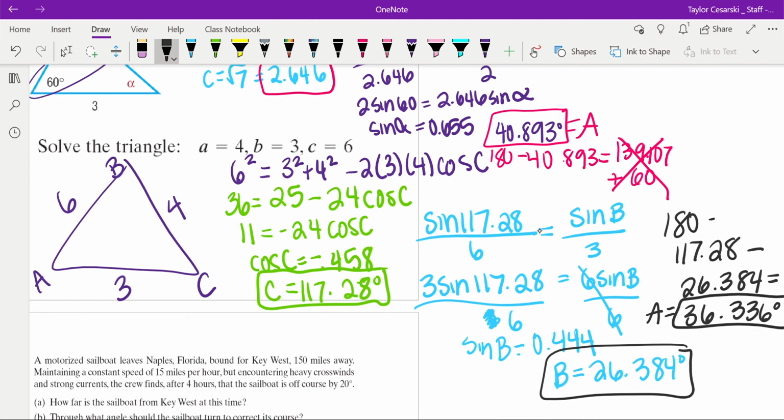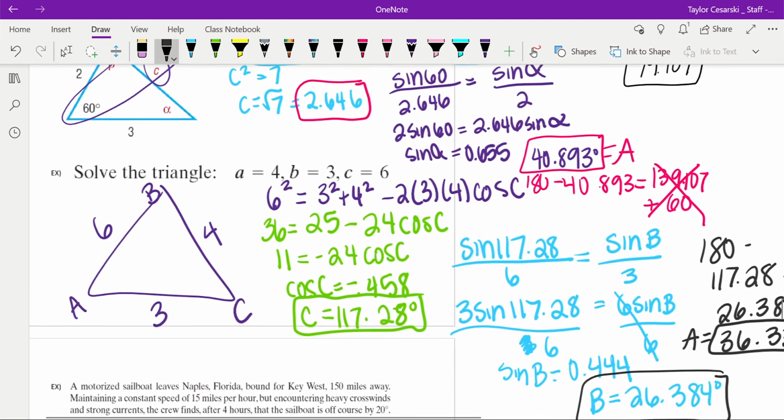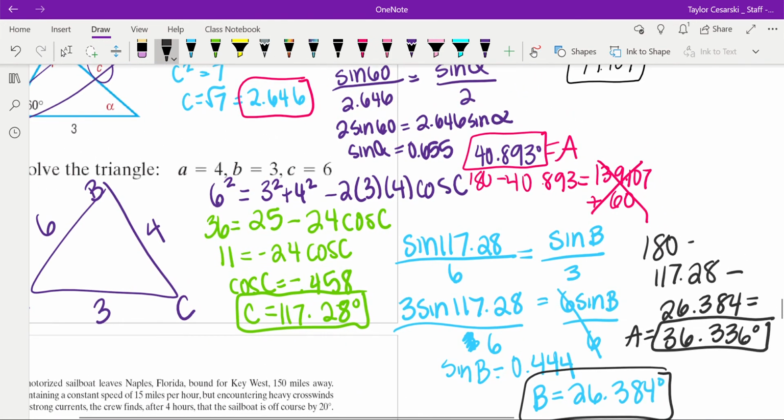Angle A is the middle guy with 36 degrees with 4. B is the smallest with the 3 and the 26 degrees, and C is the biggest with the 6 and the 117 degrees. So that's a way that you can check yourself. Okay, so that's all of it for law of cosines.